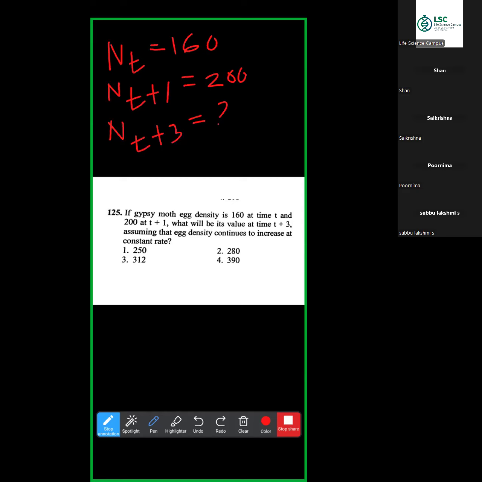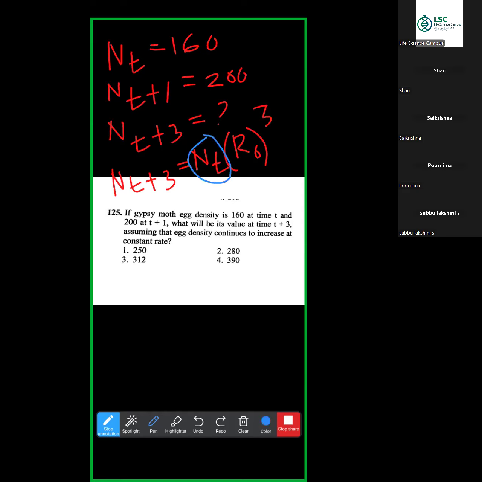So for finding out the population size in the future generation, we have one equation: NT plus 3 is equal to NT into R0 raised to 3.